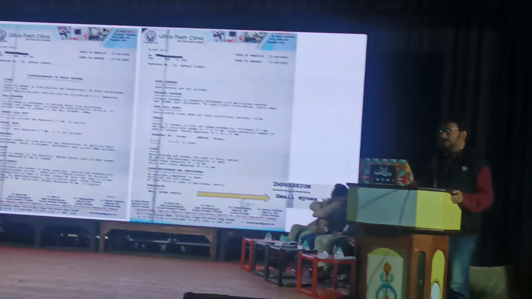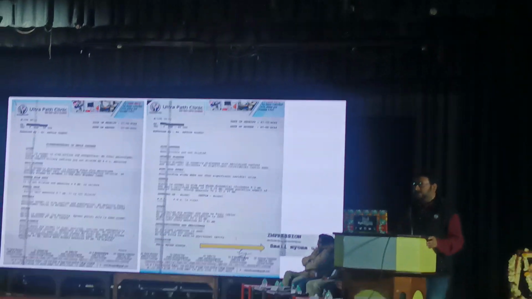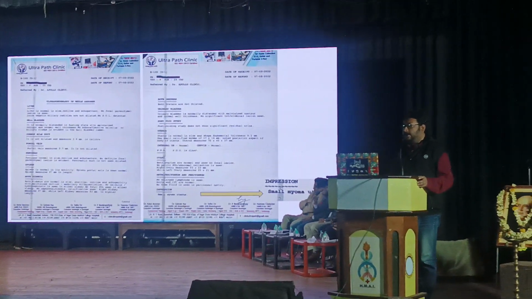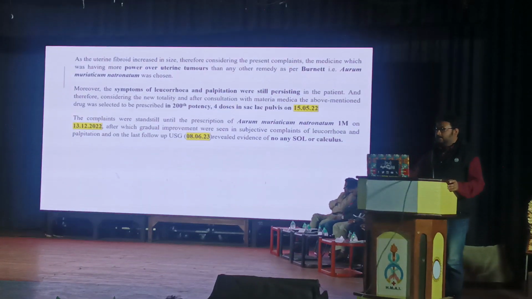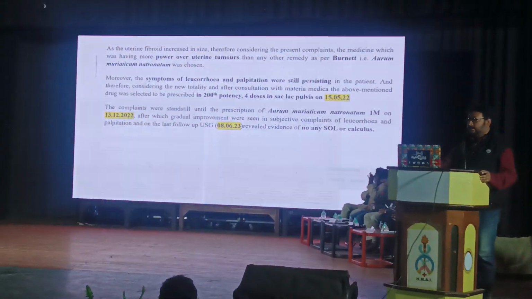It was still there, and it had increased in size. However, the rest of the pathologies were fine: the ovary was cyst free, the liver was okay with no further fatty changes, and even the gallbladder was okay. But the uterine fibroid was increasing in size.